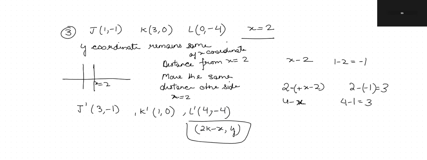Okay, so now the fourth case we will do is the reflection across x is equal to a negative value, maybe negative 1.